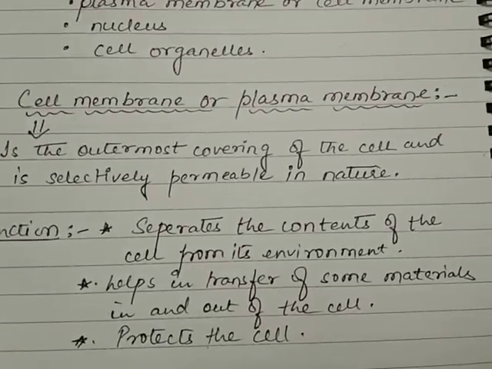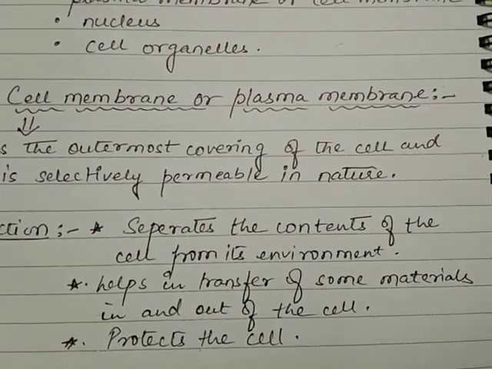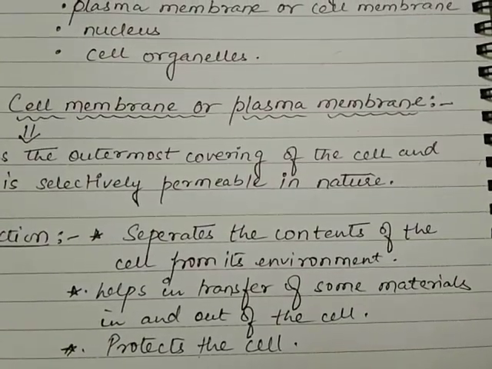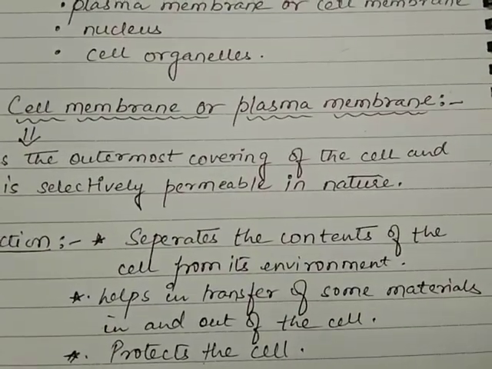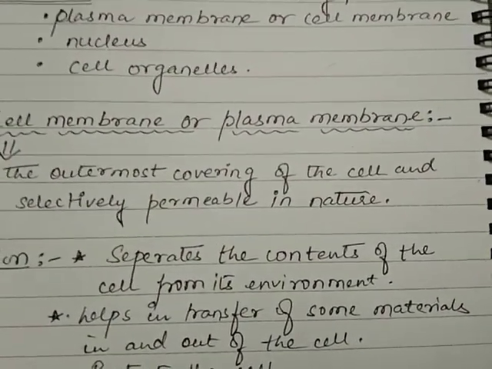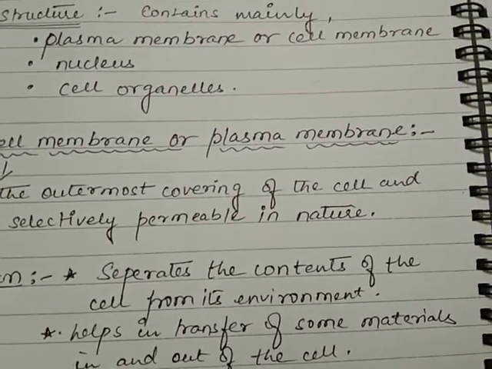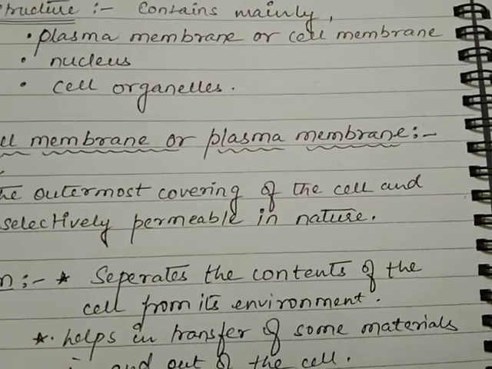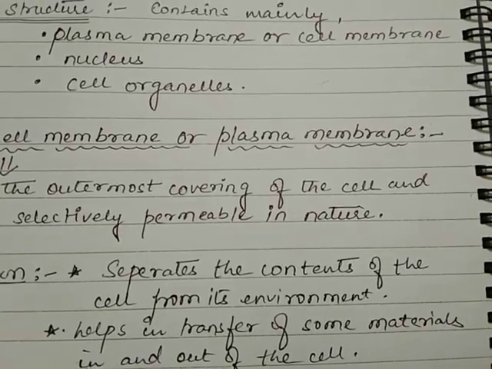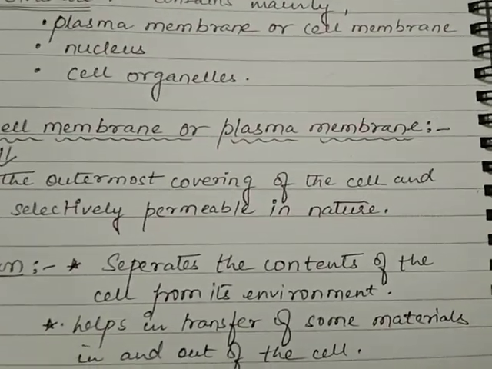The very first function of the cell membrane is to separate the contents of the cell from its environment. As I have told earlier that it is the outermost covering, as it forms the boundary of the cell, hence it is very evident that it will be able to separate the contents. Contents here refers to the materials or the things which are present inside the cell.